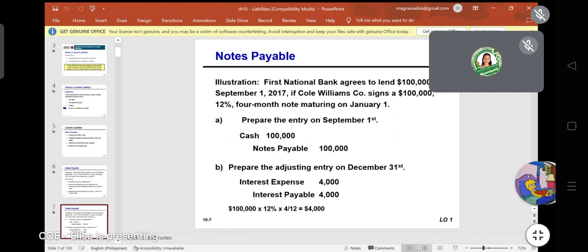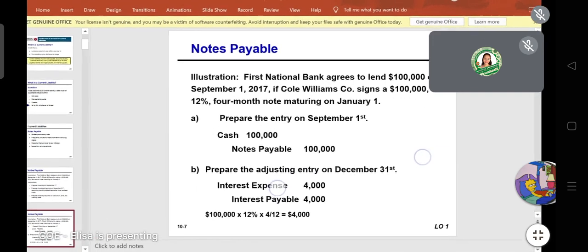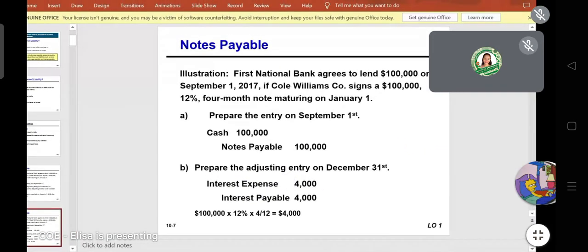So let's go through the different entries. On September 1, we receive 100,000 because we borrowed, so we debit cash 100,000 with credit notes payable 100,000. That's on September 1st. On December 31st, we need to recognize the interest payable and at the same time interest expense.